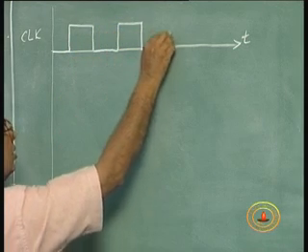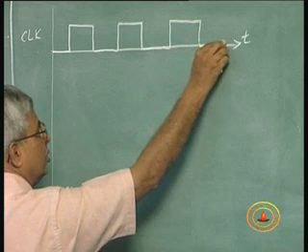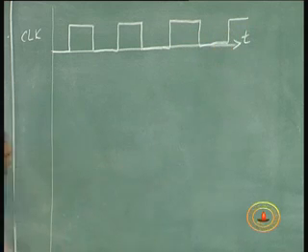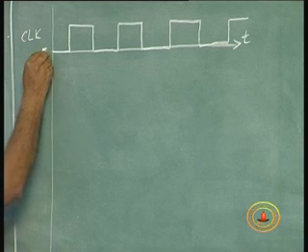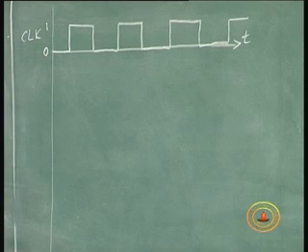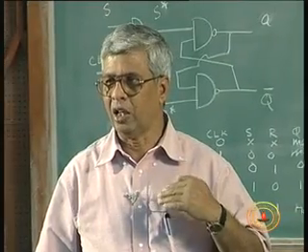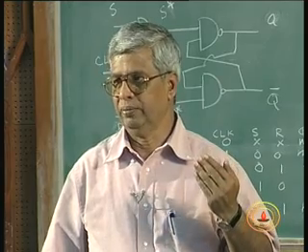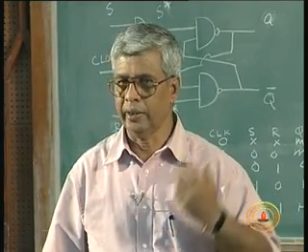As I said, one general case is 0 volts and 5 volts, or 0 volts and 3.3 volts. So, I will simply put 0 and 1. I will not even venture to write the values, because it depends on the logic levels we are working with. 0 state and 1 state. 0 is the clock off, 1 is the clock on, clock low, clock high.